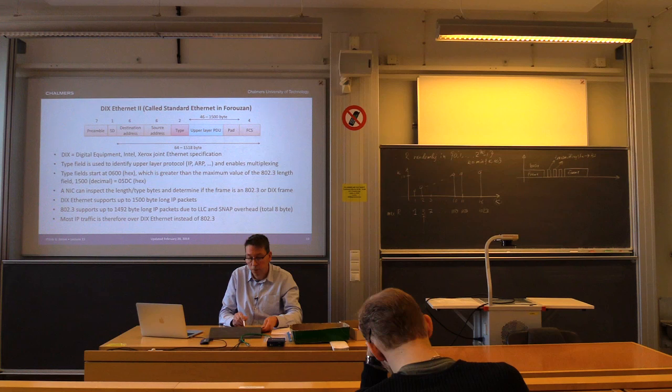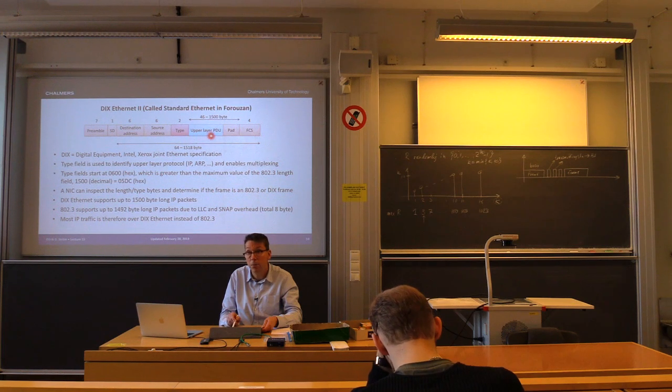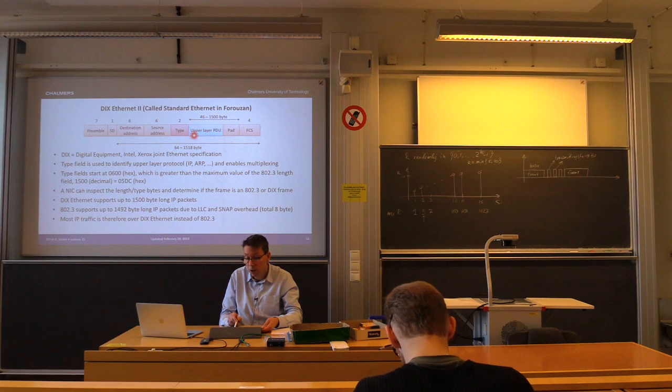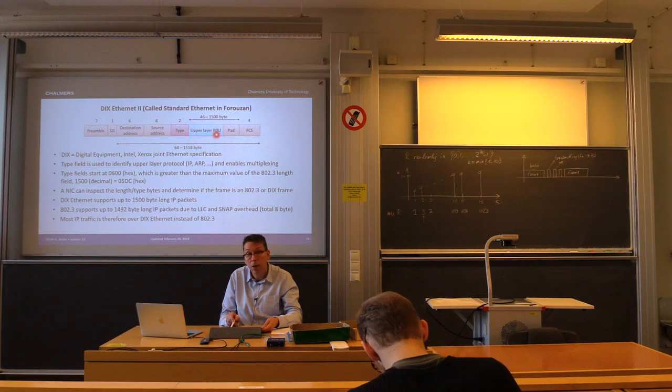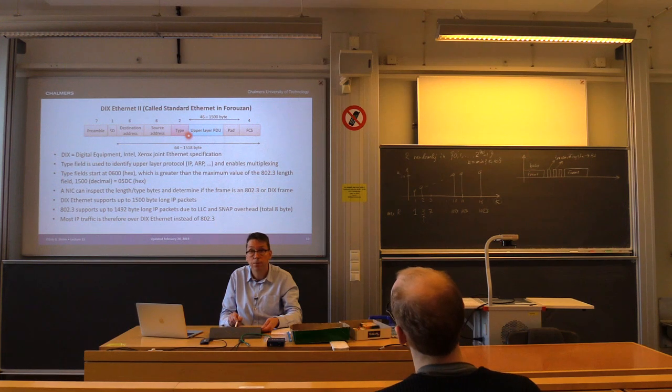Okay, so for DIX Ethernet, the upper layer is not LLC. It could be something else, or it supports many protocols. I guess it could be LLC, but it could be also other things. So which upper layer PDU it is, is identified by this type field. Okay.